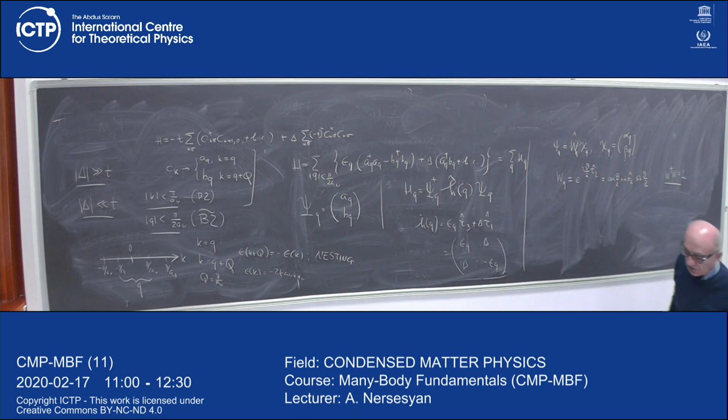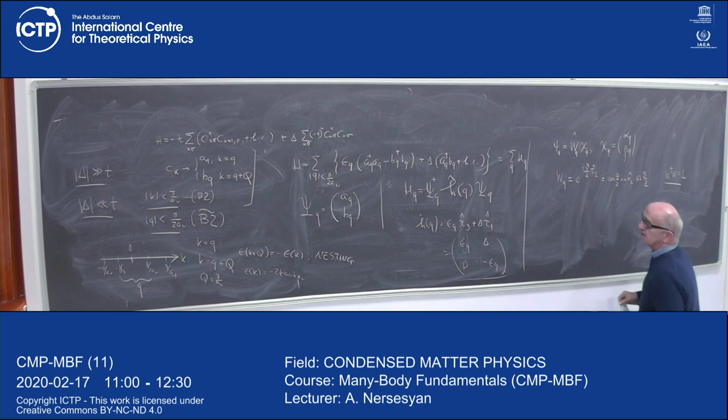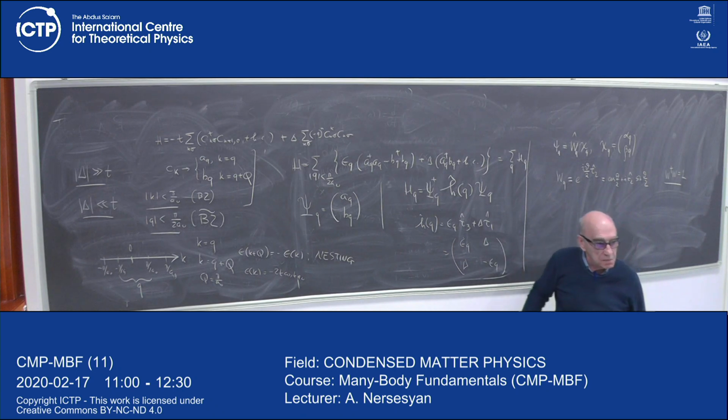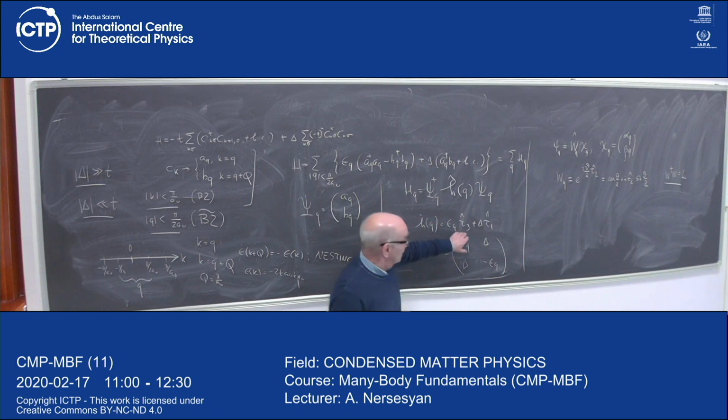It's a typical SU2 matrix. Why do I rotate about the tau 2 axis? Because I have here an interplay of tau 1 and tau 3. What I want to do is further mix them up. So they are already mixed, both of them present here, one with the kinetic energy, the other with the potential.